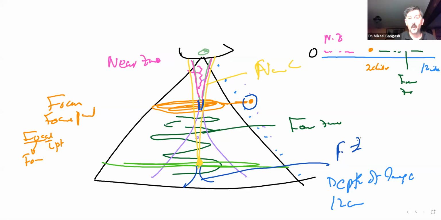But the focus or focal point in your image is the point at which the beam reaches its narrowest diameter. Did that make sense? The reason we call it a beam is because it goes like this and then goes like this. What did we call the area in which it converges or narrows down?